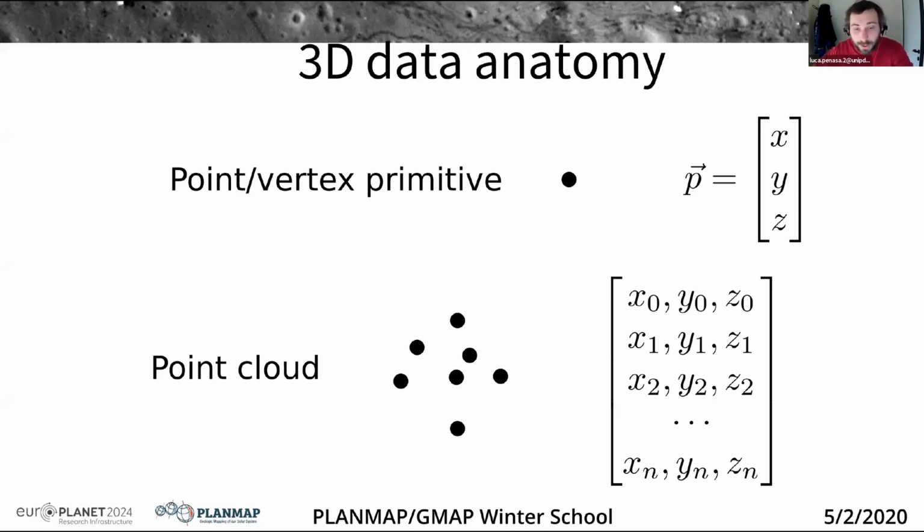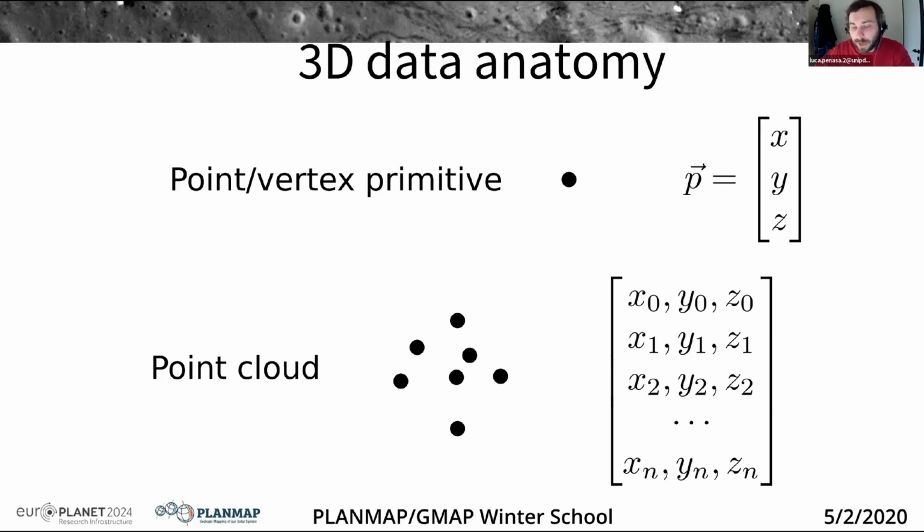So of course, when we talk about 3D data, we need to talk about the real primitive of 3D data, which are the points. Depending on the field you come from, you can call them vertices or points. And of course, you know that for telling somebody the position of a point in space, you need three values.